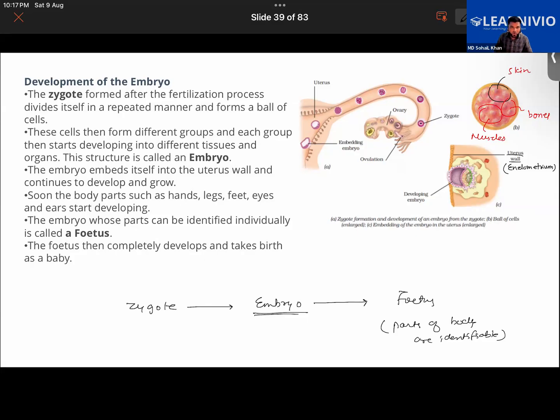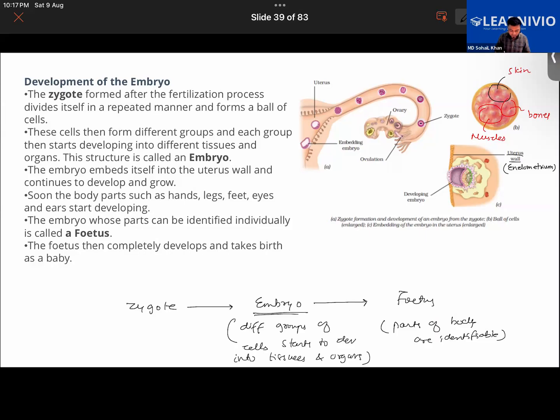At this stage, different groups of cells which have formed start to develop into tissues and organs.